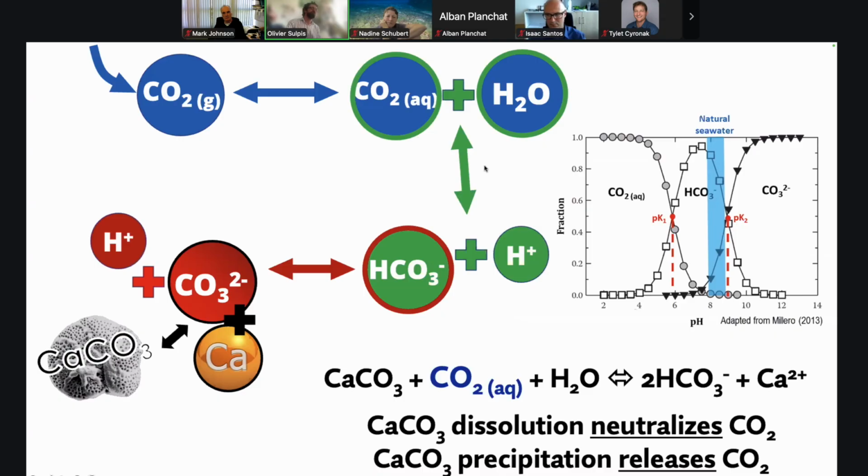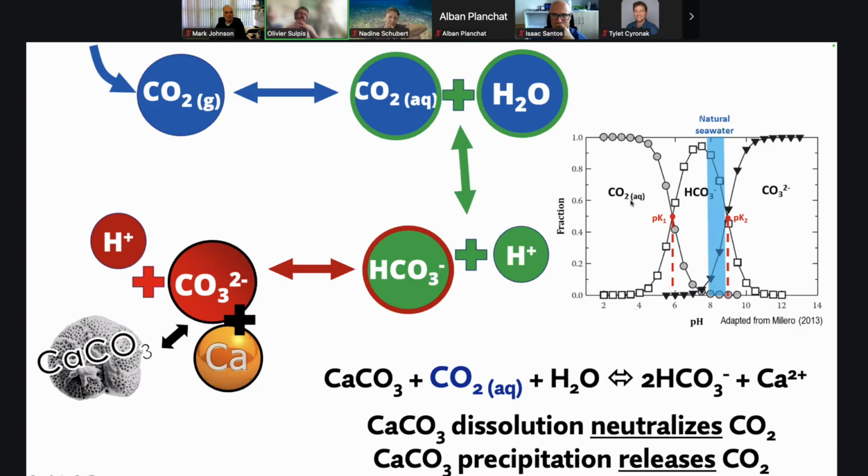Here we have the series of chemical reactions that link CO2 and calcium carbonate minerals. And what you see on the right is a diagram that tells us the proportion of each of those 3 species: carbonate ion, bicarbonate ion in the middle, and dissolved CO2.